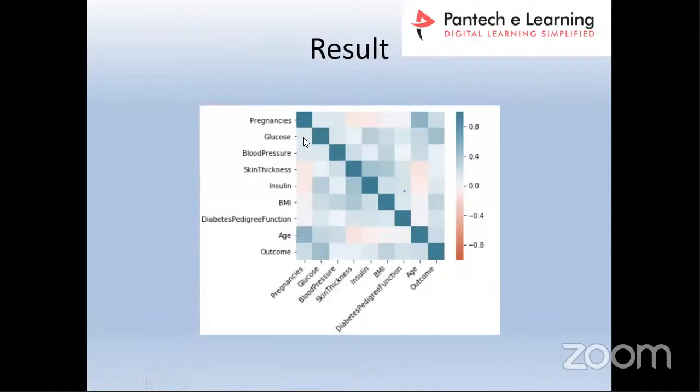For example, in our data set there are 750 rows, 750 persons. In that, how many members have pregnancies, and are all the pregnancies understood clearly or not? This one we generally call a heat map in machine learning.